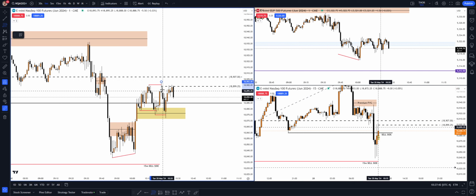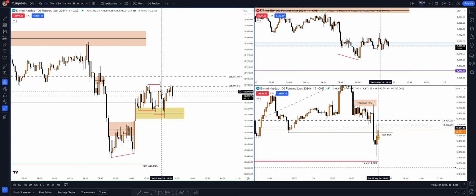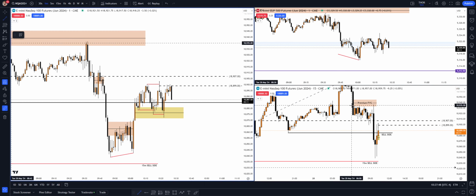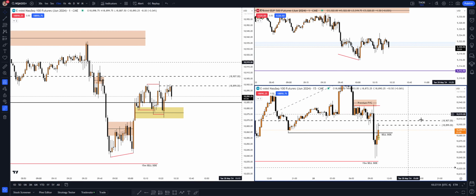I don't see this going for the 9:30 highs because that was already the manipulation. It already took the buy side, so it doesn't have business up there.